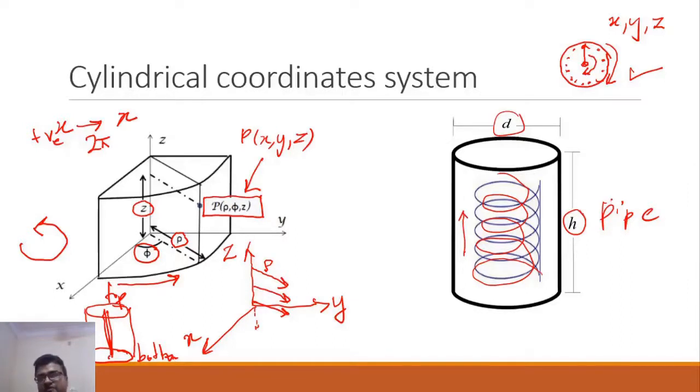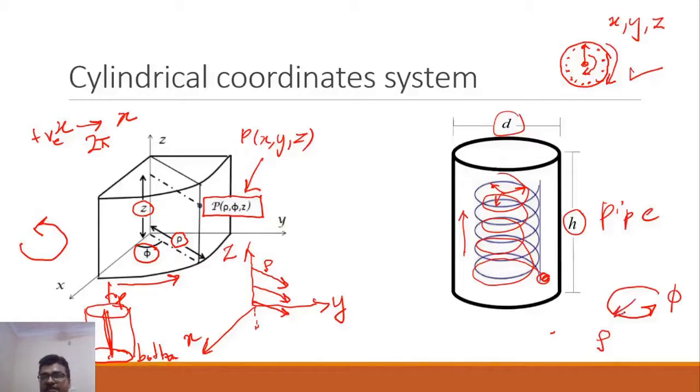So to locate this helical movement of the particle we are considering, what do we need? We need circular motion, which is denoted by phi. We also need a radius, to understand the diameter of this spiral or helix that is being made, so we need rho as well.